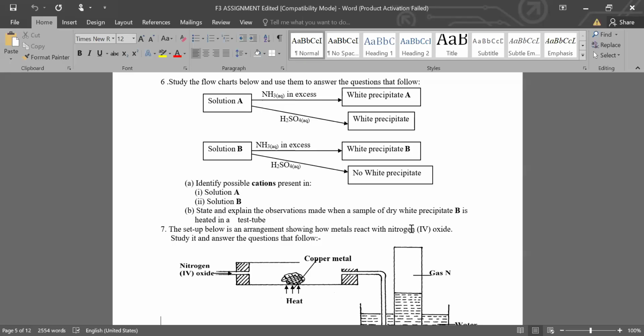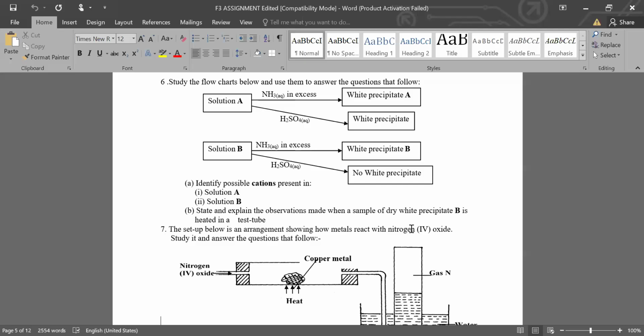In excess ammonia, the precipitation we had already seen up there. They can be magnesium, can be aluminium, can be lead.